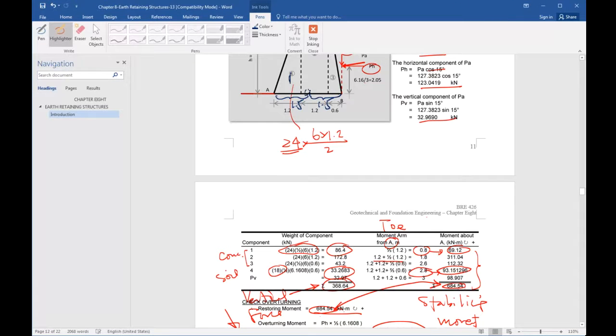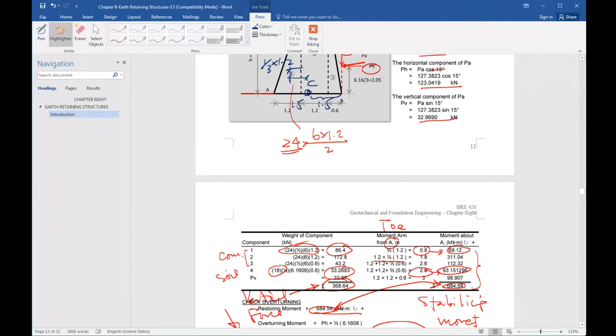Because you are talking about this point C. So what is the distance between this center line and the centroid of this triangular element? It's 1/3 of 1.2, right?